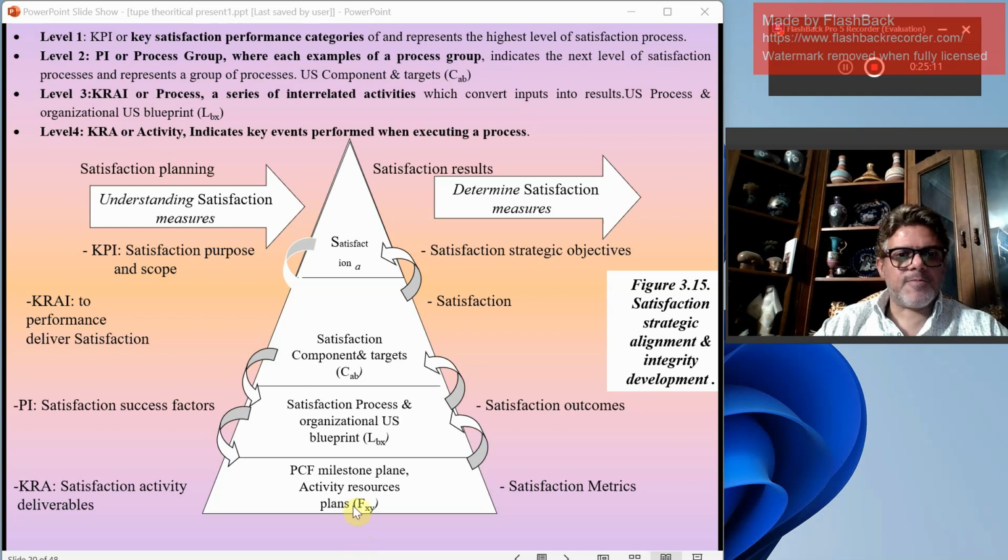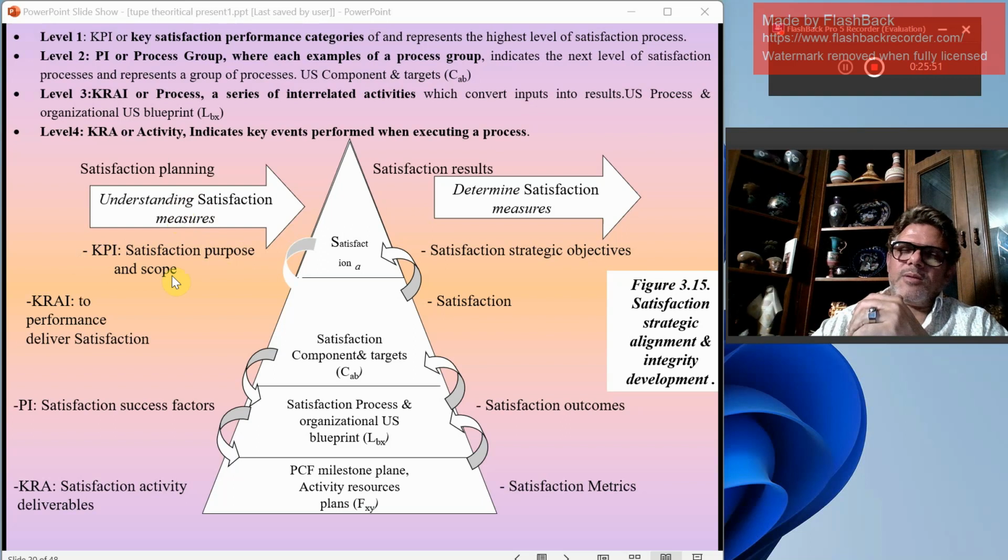Okay. So let's start. First of all, satisfaction planning. Satisfaction planning meaning understanding satisfaction measures. Now, we have the satisfaction itself from the perspective of planning or understanding measures. I'm going to say the key performance indicator, which is satisfaction, purpose, and scope. So actually, in this paper, we have taken this as features, quality, availability, cost.